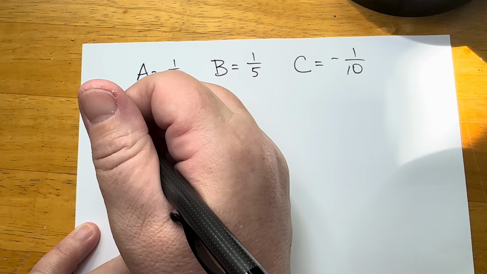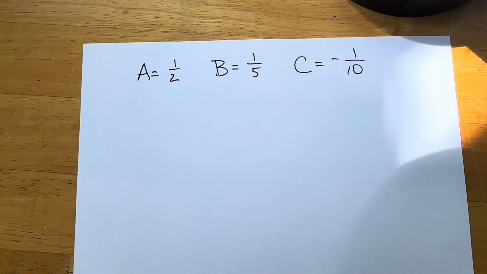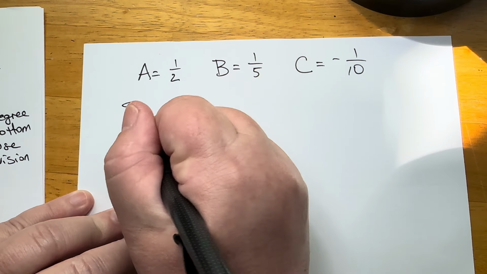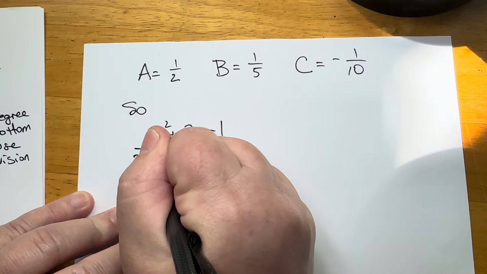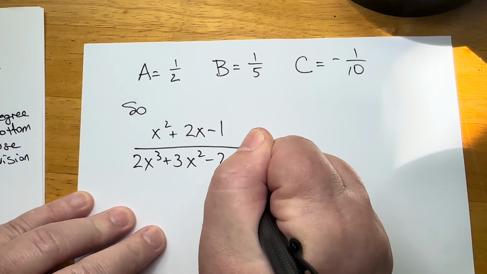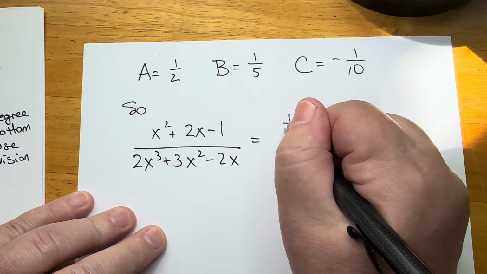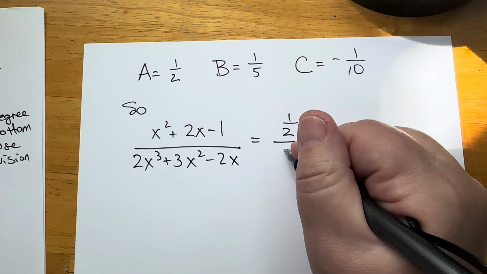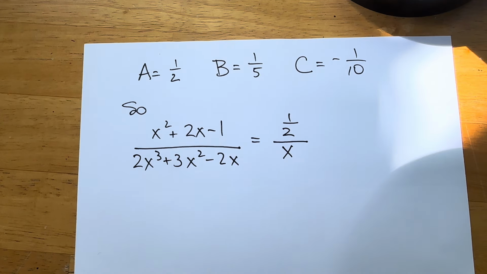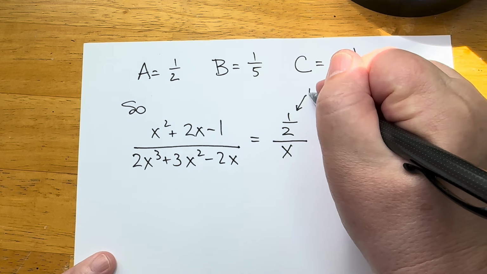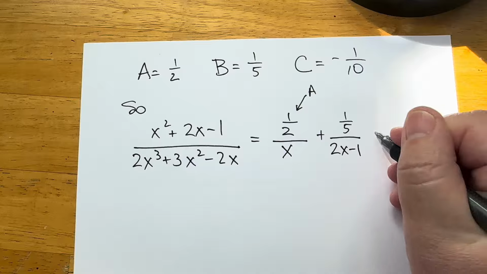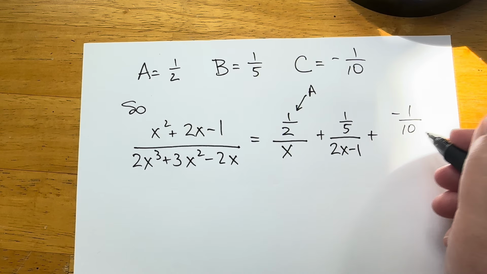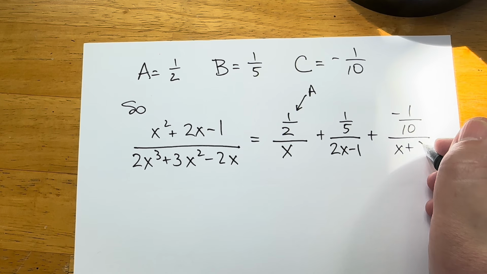So our initial expression, remember the one from 3 hours ago? x squared plus 2x minus 1 all over 2x cubed plus 3x squared minus 2x is equal to 1/2 over x, because that's the A, plus 1/5 over 2x minus 1 plus negative 1/10 all over x plus 2.